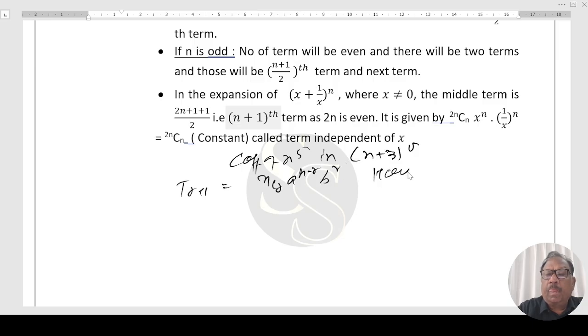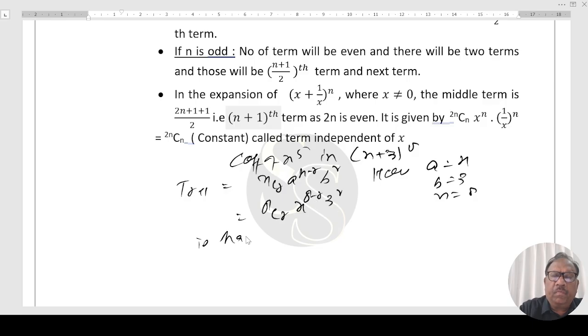Here a is x, b is 3, and n is 8. So 8Cr, x to the power 8 minus r, 3 to the power r. To have the coefficient of x to the power 5, 8 minus r should be equal to 5. From this, r comes out to be 3.